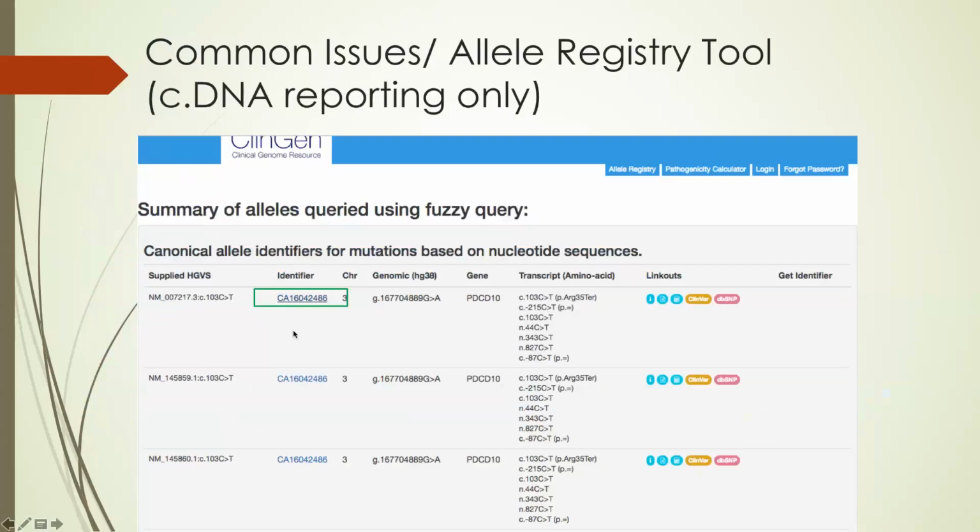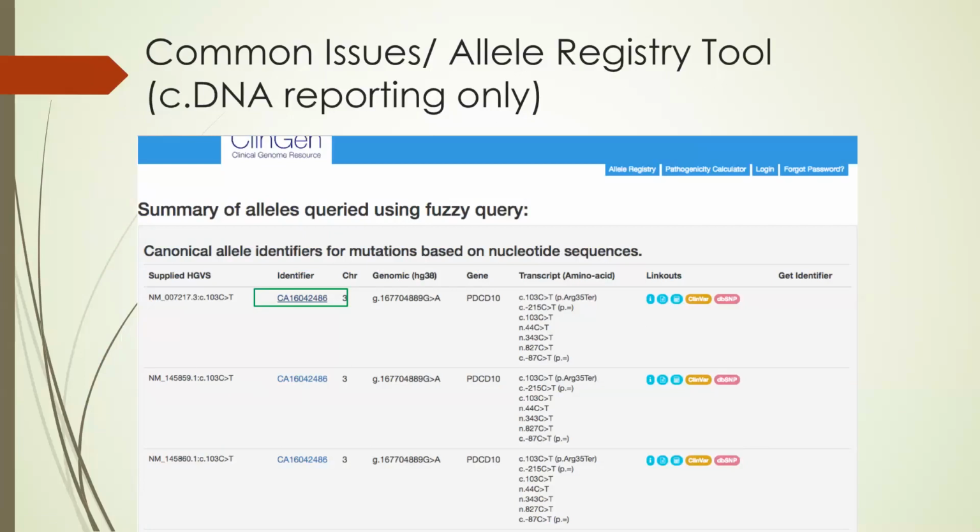Yeah, so I usually do a quick scan of the identifier column, and it'll have a different allele registry ID if it's a different variant. But that is a good point. I probably should look at this as well to make sure, although they should be the same. If the identifiers are the same, I just meant if it's off by one digit, if you're looking really quick, is there a way you can easily tell this could actually be multiple different variants? Right. No, they don't highlight anything. Okay.